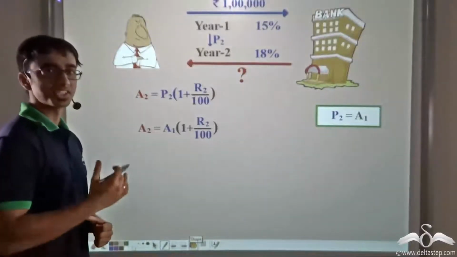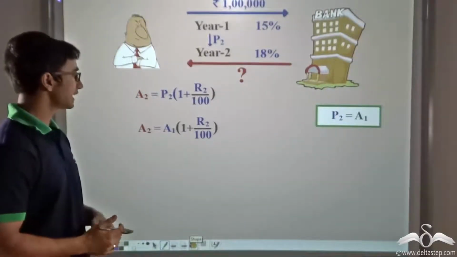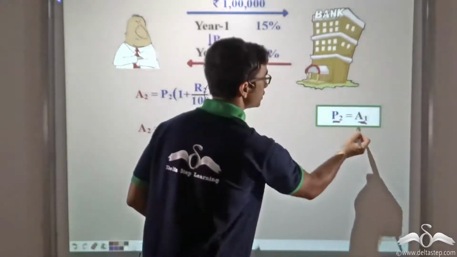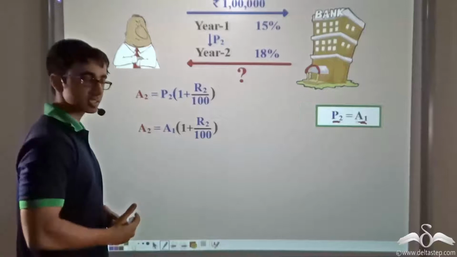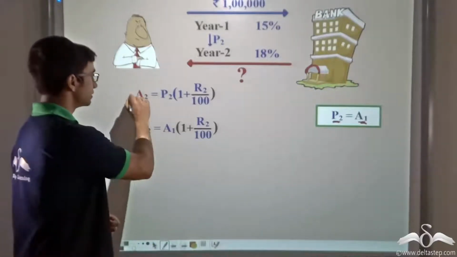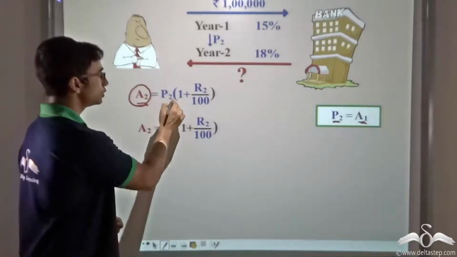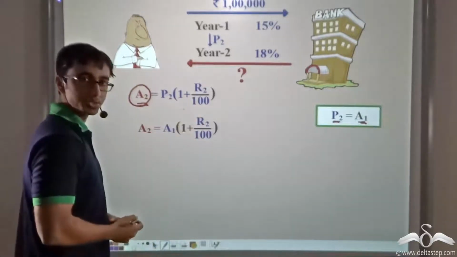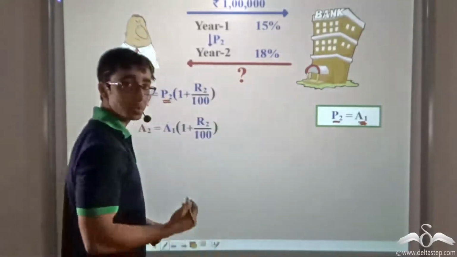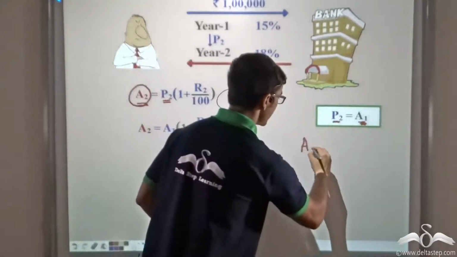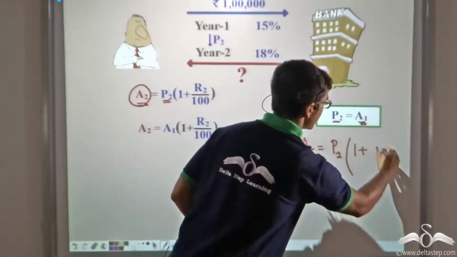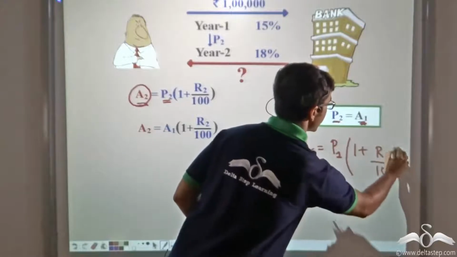So now let us consider a general scenario. We found that at the end of first year, the principal for the second year was equal to the amount at the end of first year. Now for the second year, if we have to calculate the amount, we wrote P2 into 1 plus R2 by 100. Now P2 is nothing but A1. And what is A1? A1 is equal to P1 into 1 plus R1 by 100.